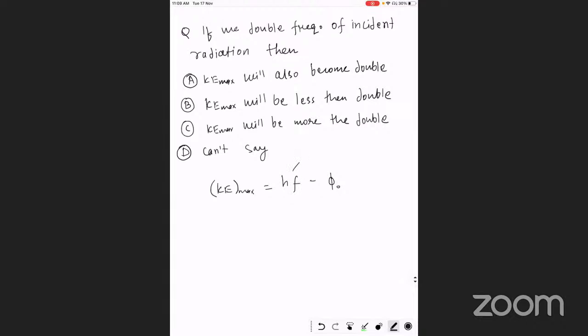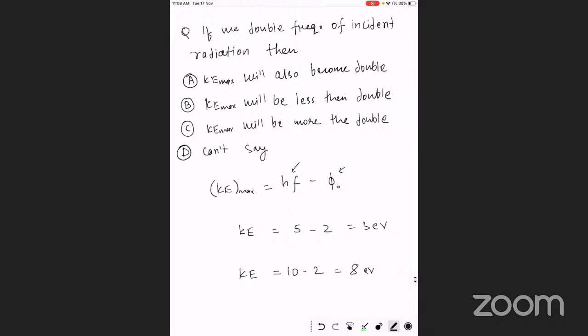Suppose this is incident energy, right? Suppose work function is 2 electron volt and incident energy is 5. So kinetic energy is 3 electron volt. Now imagine another case in which frequency is doubled, means incident energy is doubled. Work function is still the same. So how much kinetic energy are you getting? 8 electron volt, means more than double.